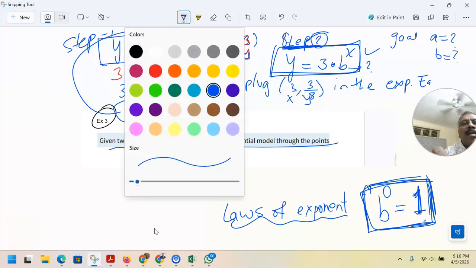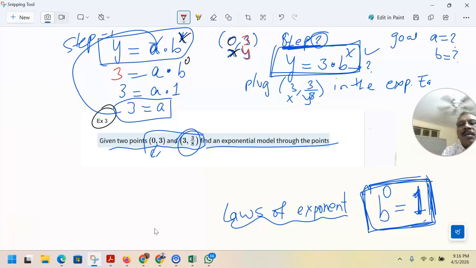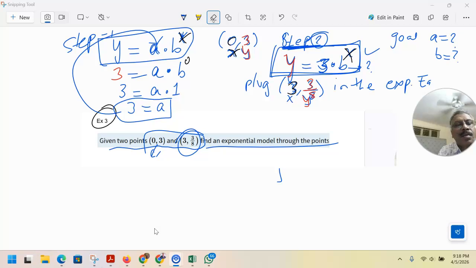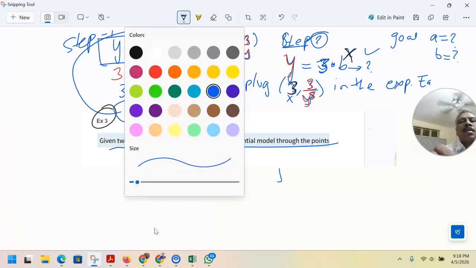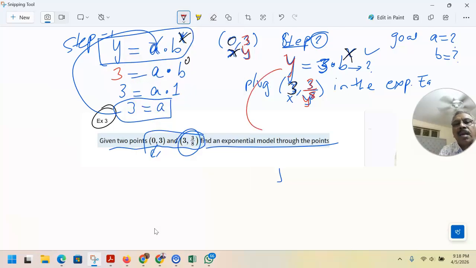The black color, the red color, this is y. y is 8, so this y will change to 8 equals, okay, so you plug in y is 8, so it is 8 equals this 3 stays the same, and b raised to x, and x is this one, the black 3.